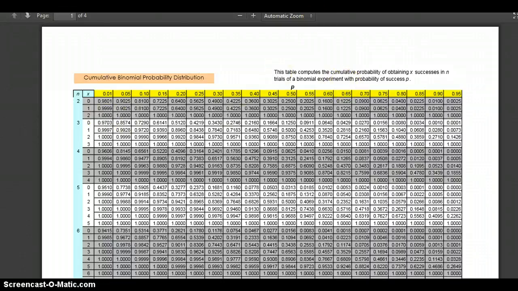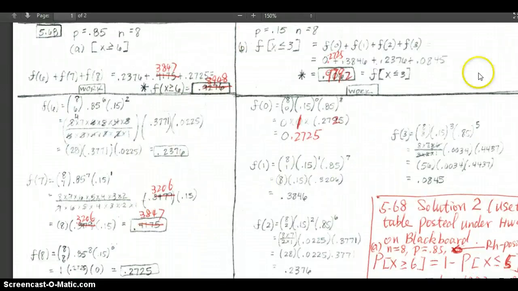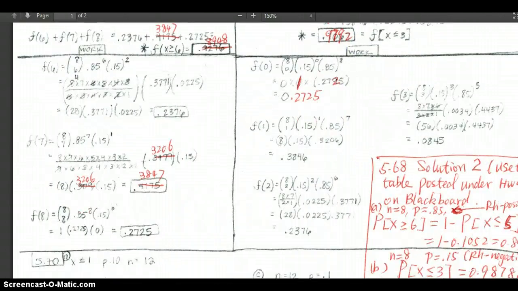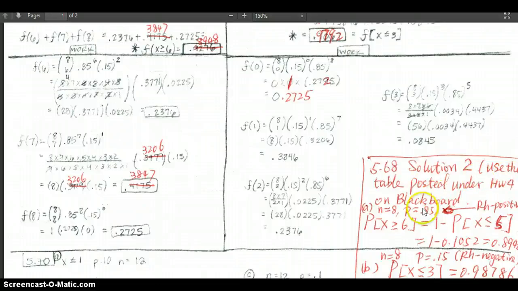If we try to do this problem, we are trying to find the probability of at least 6, not at most 6. At least 6 basically means the number 6, 7, or 8, or we exclude the numbers 0, 1, 2, 3, 4, 5.